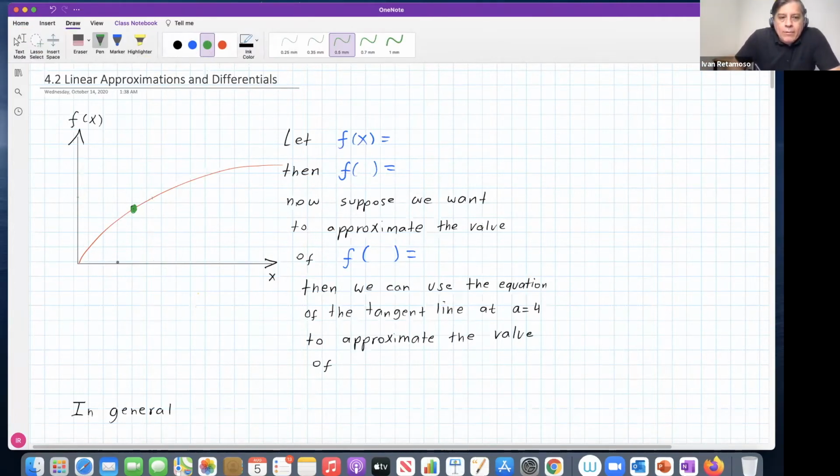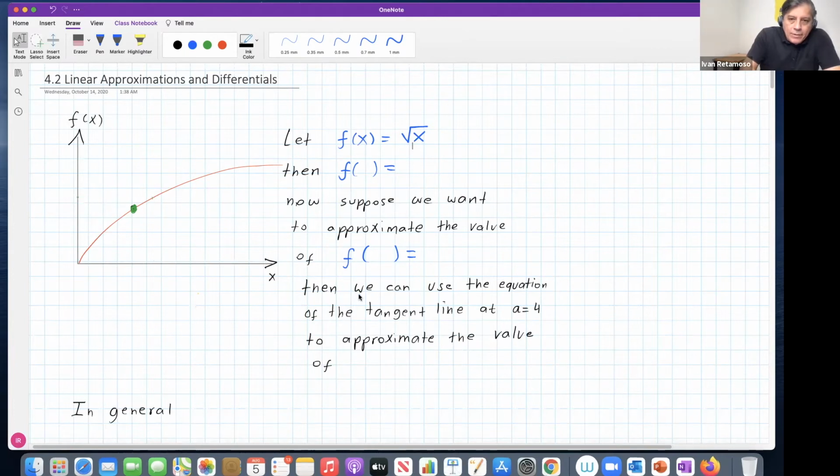Often when you graph your functions, you get some curve like this, right? For example, if we take our function to be f of x equal square root of x, when you graph this function, you get half of the sideways parabola here, right?